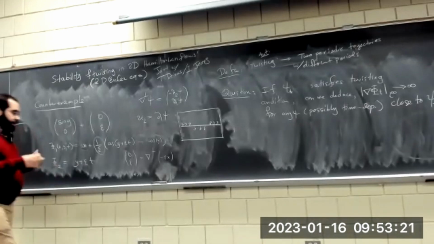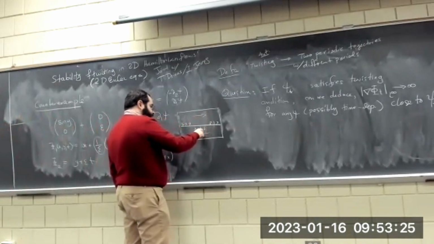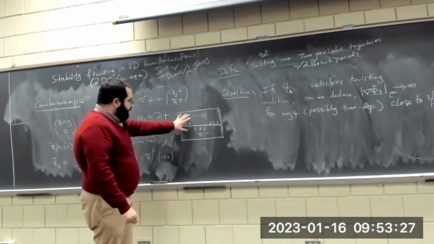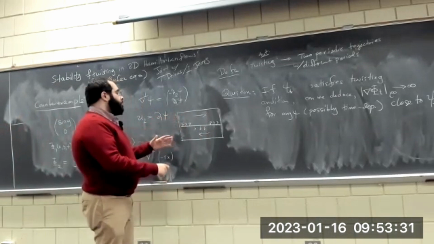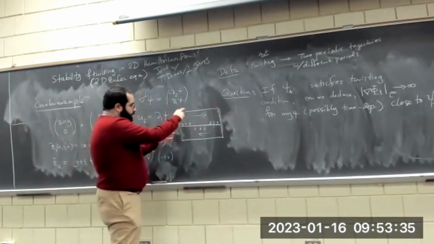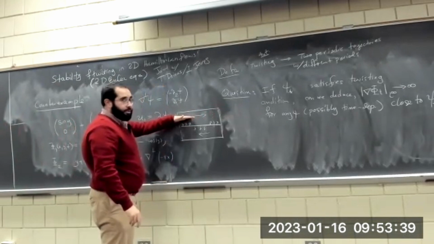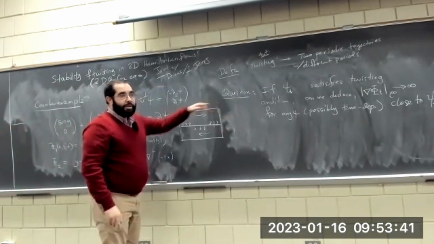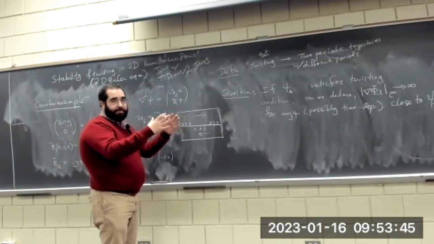So if you have a velocity that looks like this in the background and you perturb it, the enemy to the twisting is that particles start going up and down. They start exchanging between regions where it's going that way and regions where it's going that way, so that the flow map remains confined.